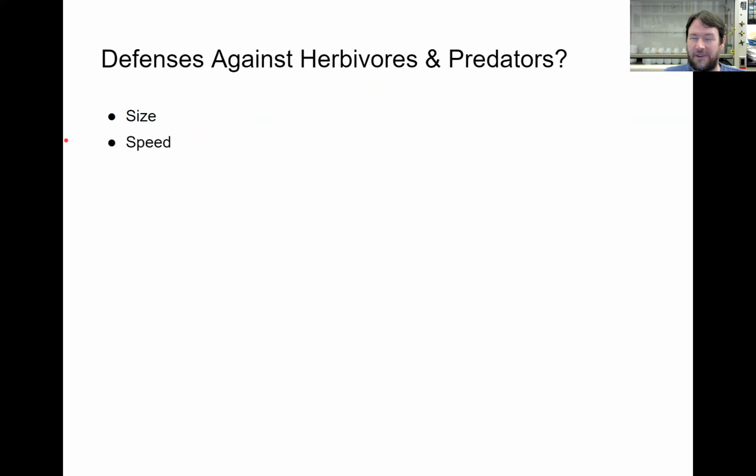Speed. If we think about cheetahs and gazelles on the savannas of Africa, obviously if the gazelle evolves to be a little bit quicker, the cheetah is going to evolve so it's a little bit quicker. There's this back and forth coevolution and this speed race over the course of evolutionary history. Behavior.